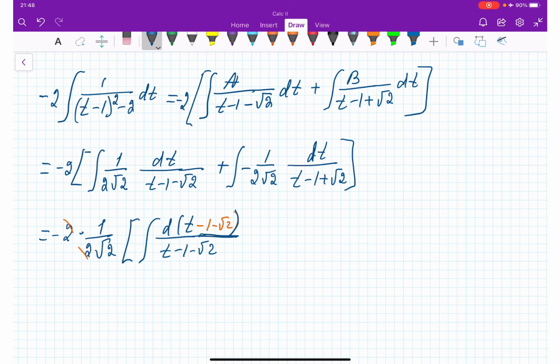So the same way here, I'm putting here minus. This is this sign. I didn't use it. Now I'm using it. Okay, it's going to be minus. Same way here, d of t minus 1 plus square root 2 over t minus 1 plus square root of 2.